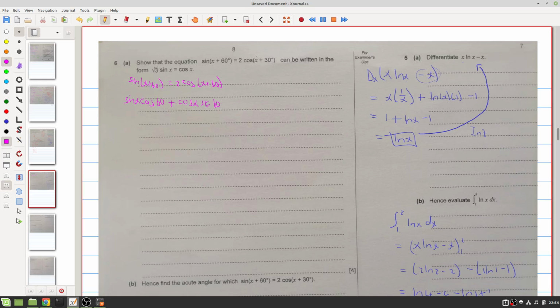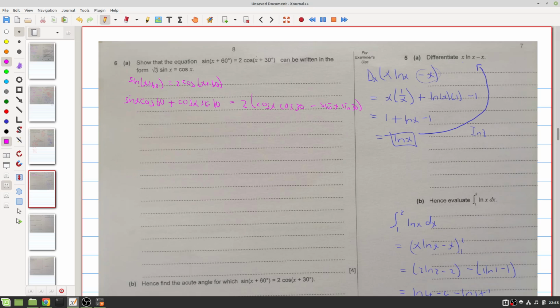Okay, so that's the sin expansion equals 2 times, and now the cos expansion is going to be cos x cos 60. Opposite sign of the plus, so that's a minus, and then sin x, that's cos x cos 30. Cos 30, right? That's a 30. And then opposite signs, so it's minus, and then sin x sin 30. Alright, so that looks good.